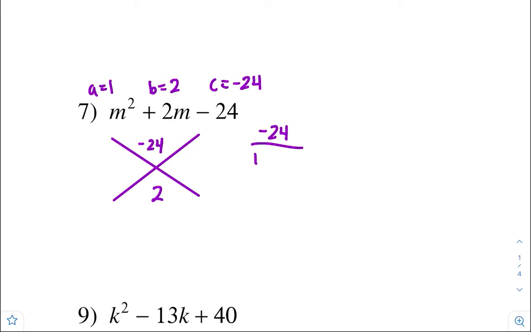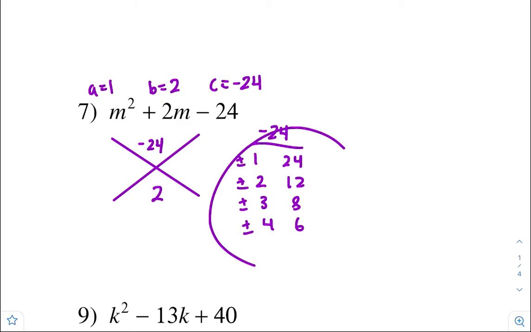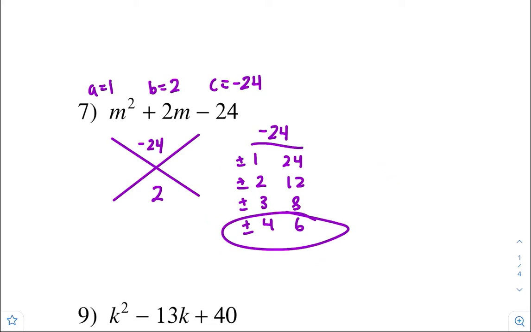You could write all the factors of 24: 1 times 24, 2 times 12, 3 times 8, and 4 times 6 is 24. Which one of these, if we add them together, would go to the bottom? The only one is 4 and 6, but one of these has to be negative.